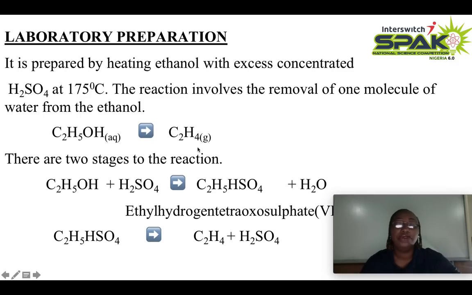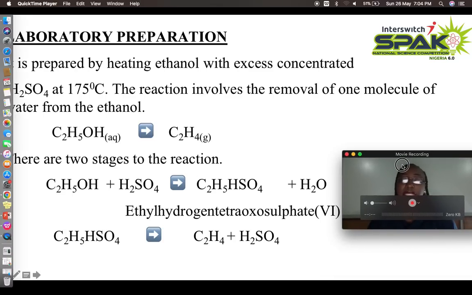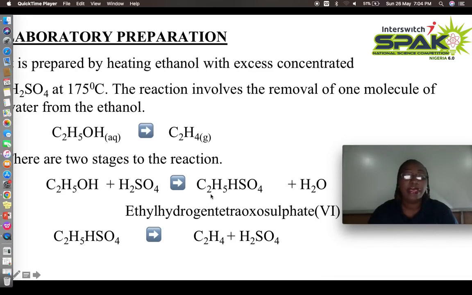The reaction is of two stages. The first is that H2SO4 reacts with ethanol to give ethyl hydrogen tetraoxosulfate 6, and the ethyl hydrogen tetraoxosulfate 6 breaks down to give ethene and sulfuric acid.